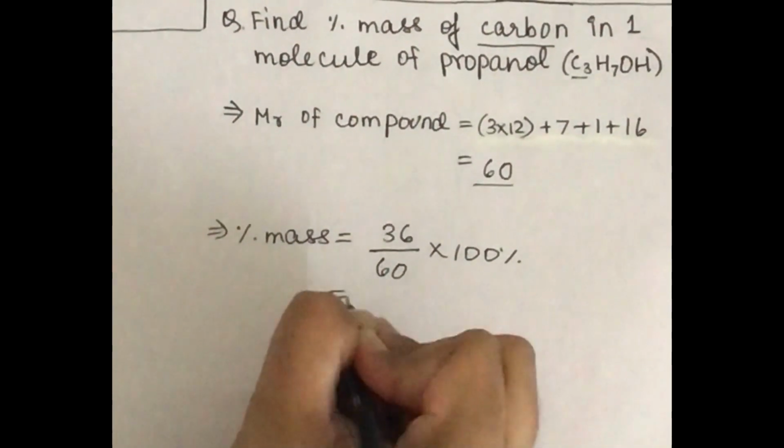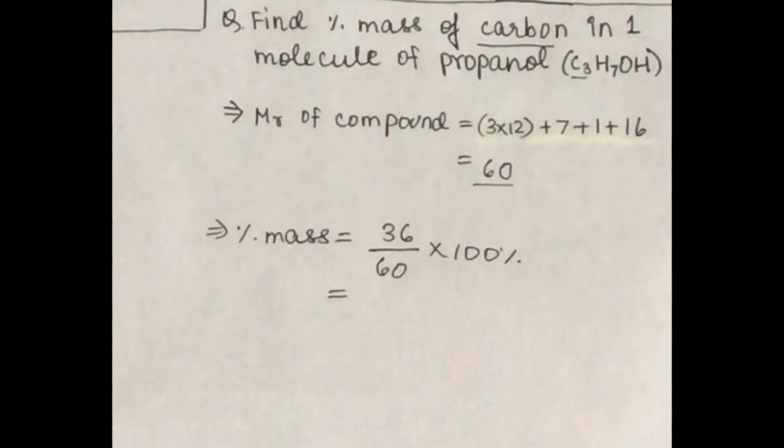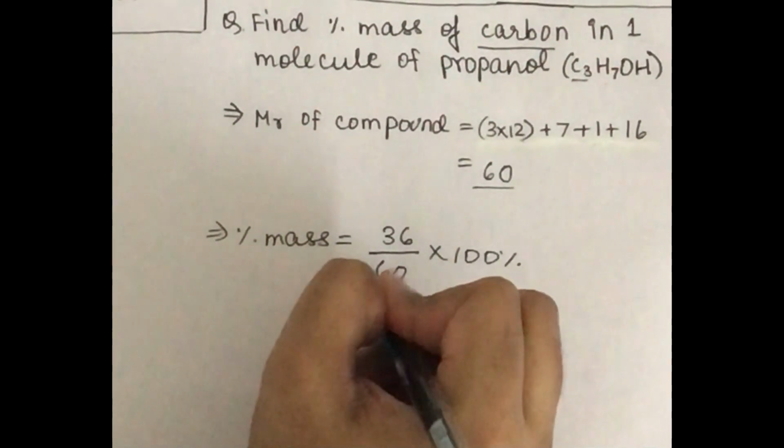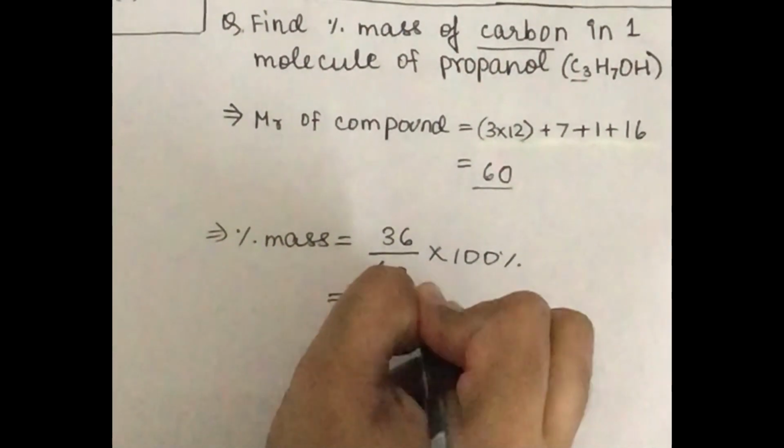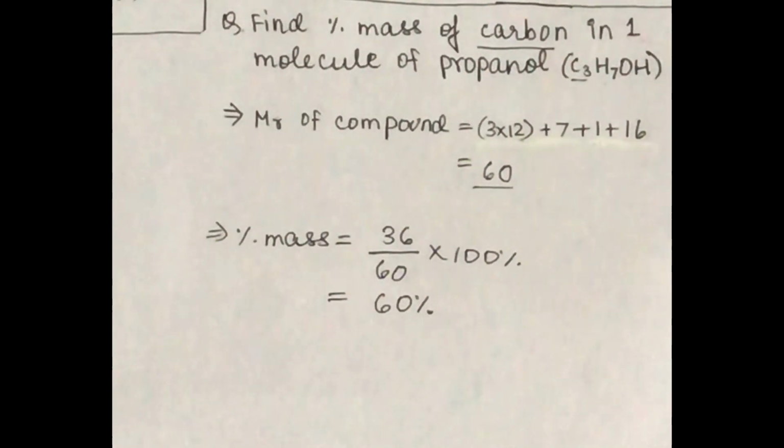This will give us a percentage of 60. And that's the percentage mass of carbon in 1 molecule of C3H7OH, which is propanol.